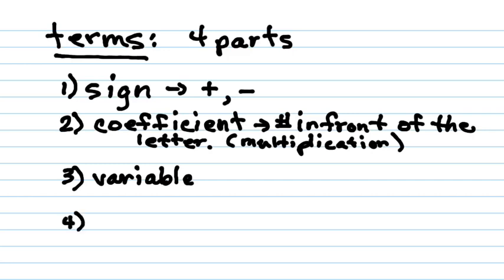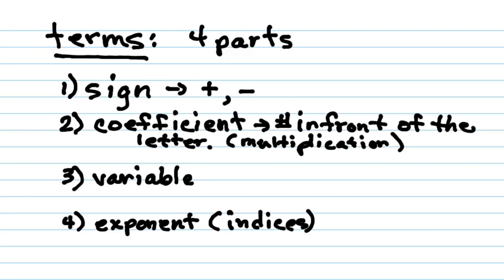And then finally, whether you see one or not, every variable has an exponent, which y'all call indices, right? Can you call them exponents? You call them exponents? Yeah. Excellent. I love that. Exponents, because that's what I'm used to.